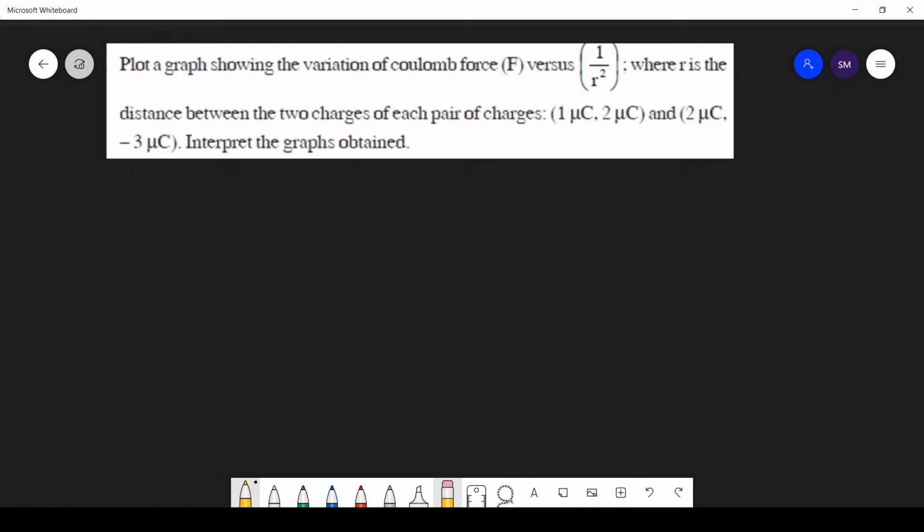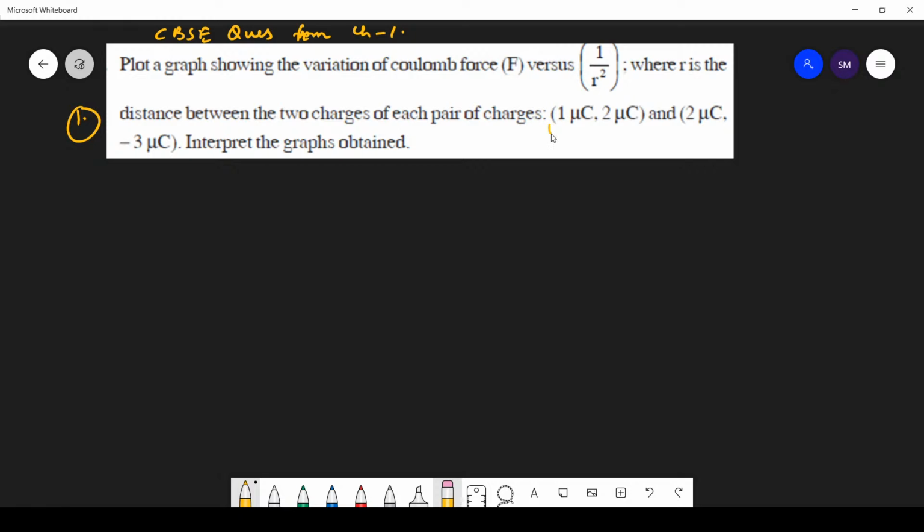So today we'll do the CBSE questions from chapter 1. The first question is: plot a graph showing the variation of Coulomb's force versus 1 by r square, where r is the distance between the two charges of each pair.